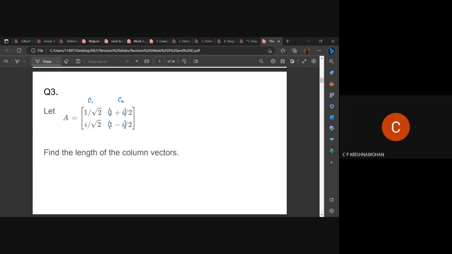Will a 3 cross 3 matrix come for SVD? We find difficulty finding the eigenvalues of 3 cross 3 mostly.